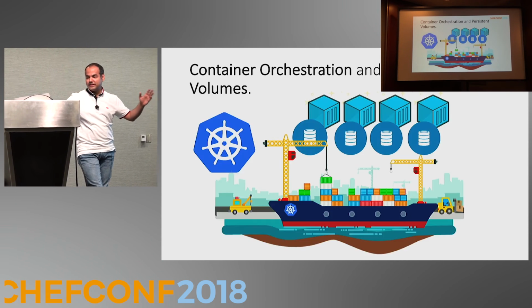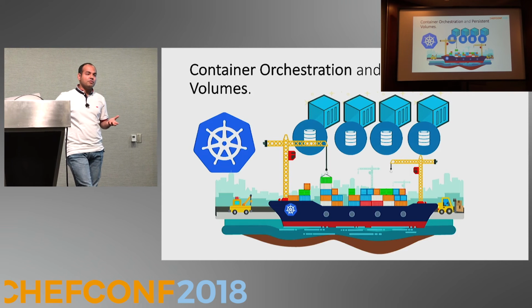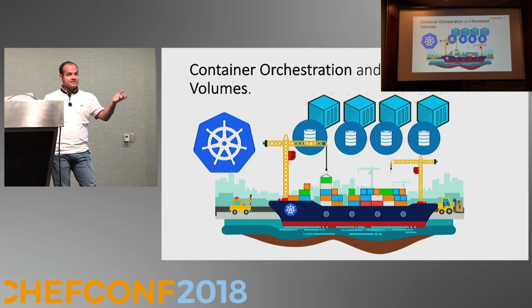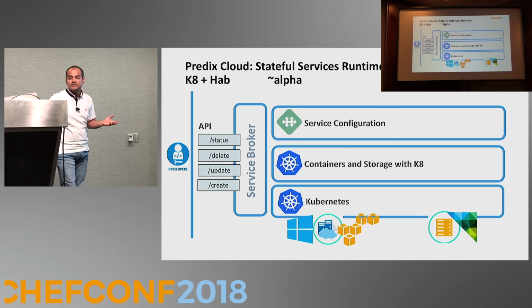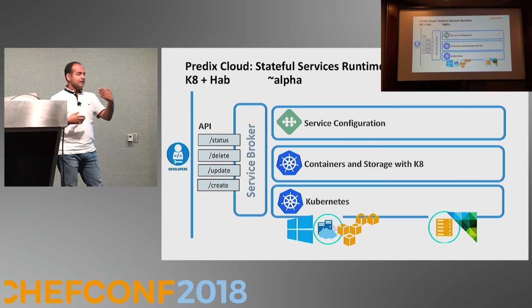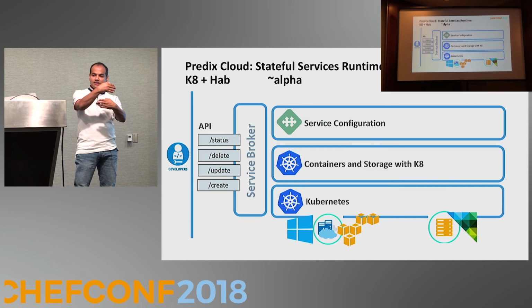Now let's see where we wanted to take this. With the rise in popularity of Kubernetes and containers, and the storage options available for containers, like EBS and some others, it is possible to run all of this on containers and Kubernetes. So we want to take it from Chef plus Chef, to Chef plus Hab, to Kubernetes plus Hab.